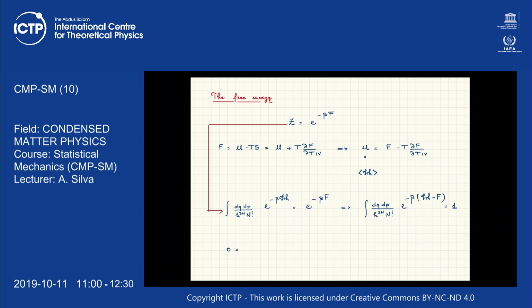So I will get 0 equal to the integral dq dp over h^(3N) N!, and then I will have minus H, then plus F, plus β dF/dβ, times e^(-β(H-F)). Okay? It's clear to everybody?